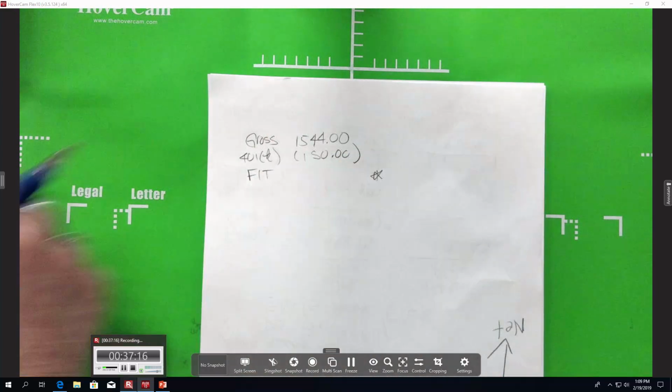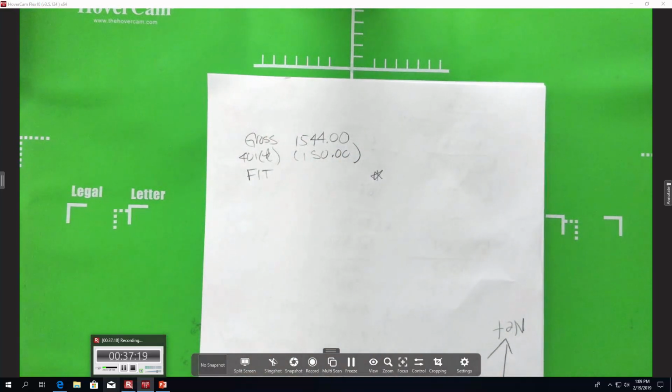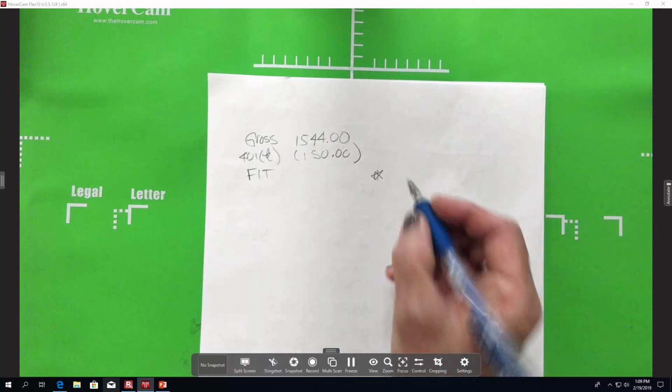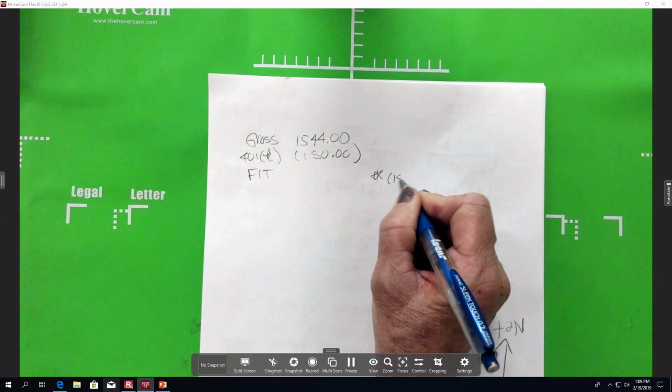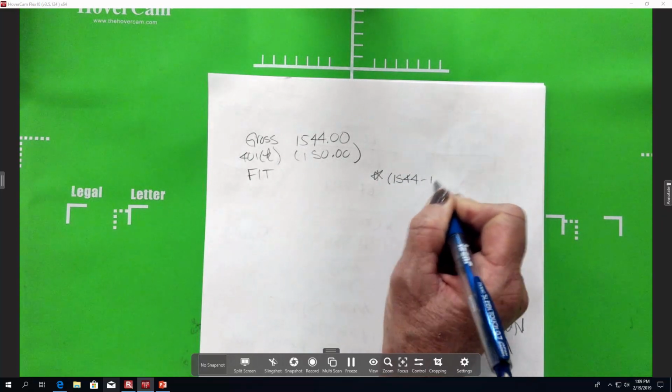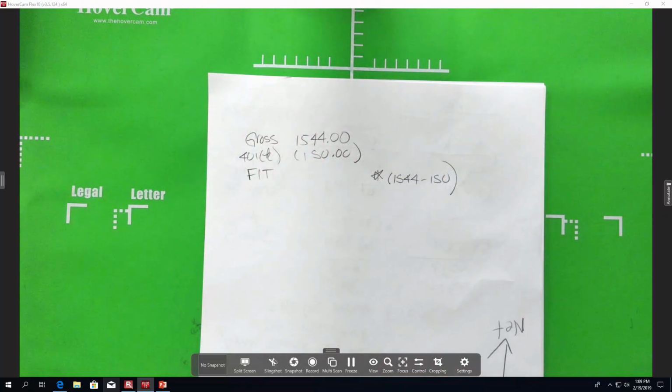So how much are you calculating FIT based on? The entire 1544? Right, you've got to take the 150 out. But what are you calculating FICA on? The full 1544. Right, so you're calculating FIT, you've got to subtract the 401k. So now I'm going to that same table I was just on, but I'm taking 1394 to the table.